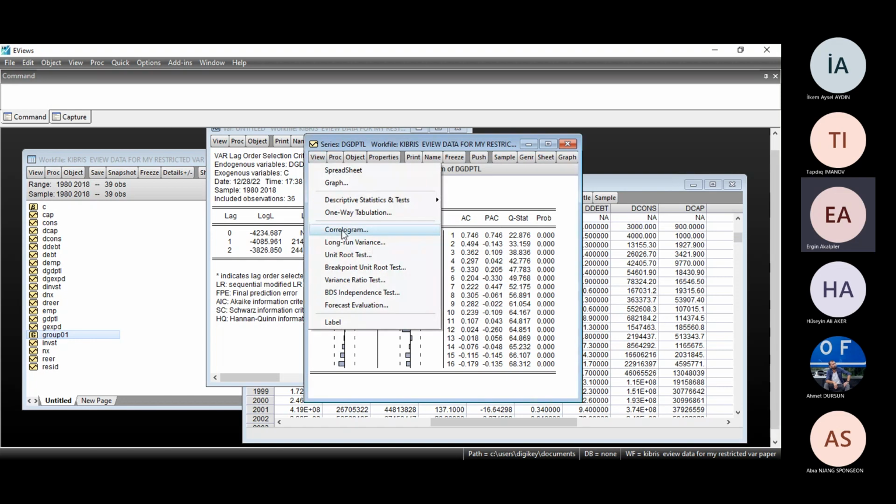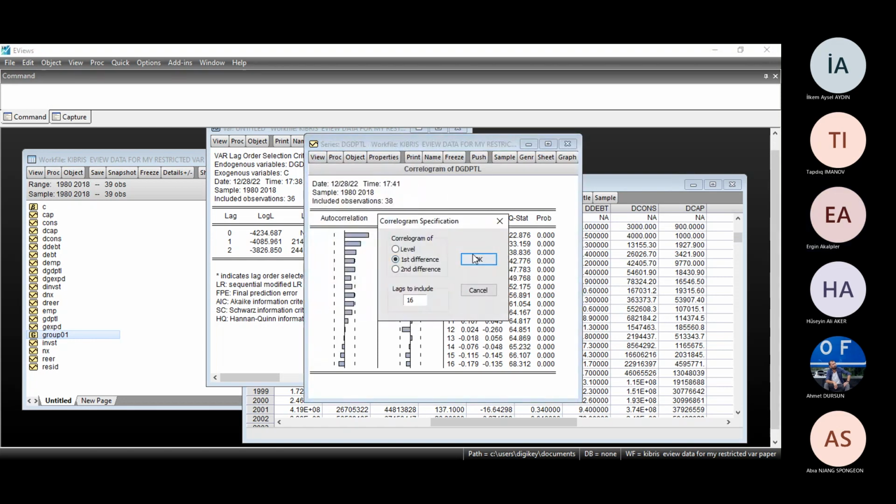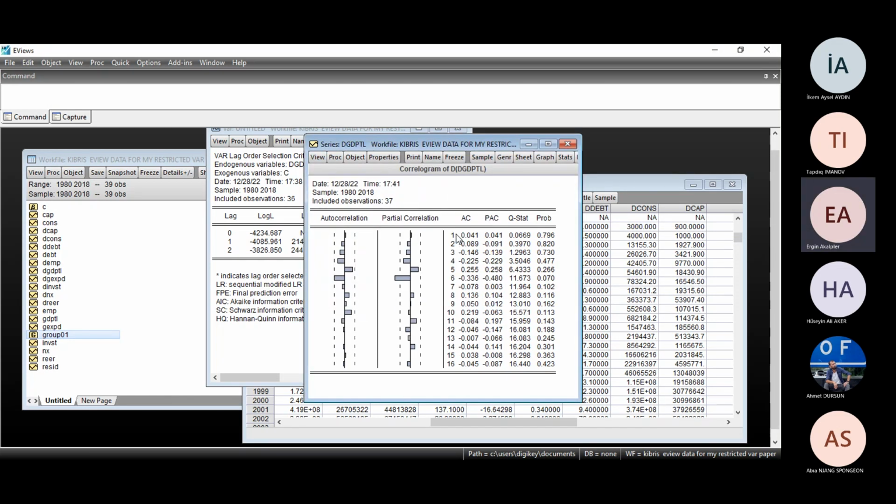Go to the first difference. Now it is satisfied, as you see. The first difference is available for the GDP we considered. If the probability values are above the threshold, then it is satisfied and supposed to be stationary.